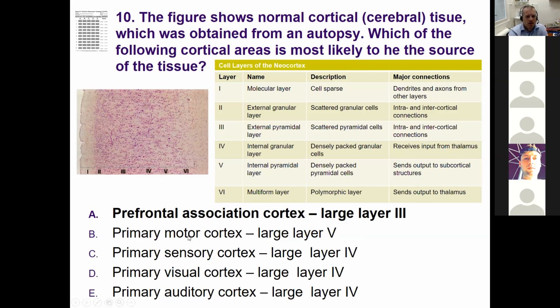You can see the motor cortex has an especially well-developed layer number 5. So if the layer number 5 would be very thick, you could guess it must be from the motor cortex.